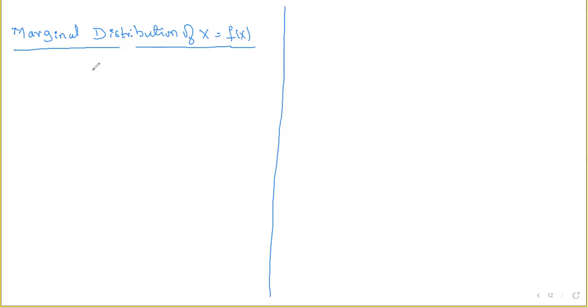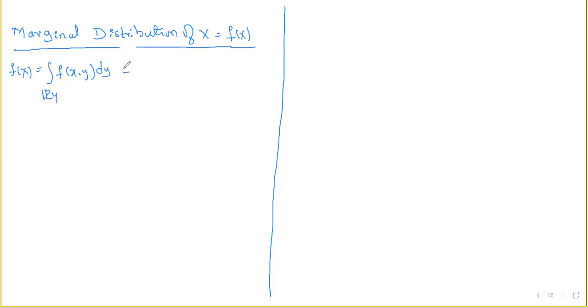So here instead of summation we need to take integration. That's it, right? So f of x equal to integration f of x comma y dy. Suppose I want distribution of x, go for range space of y, right?